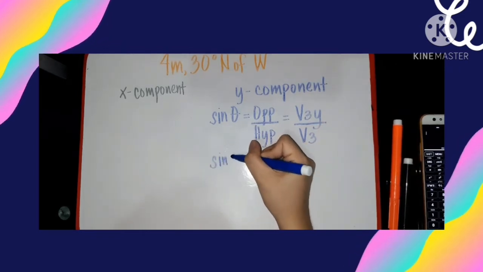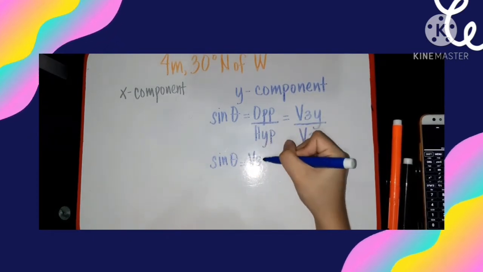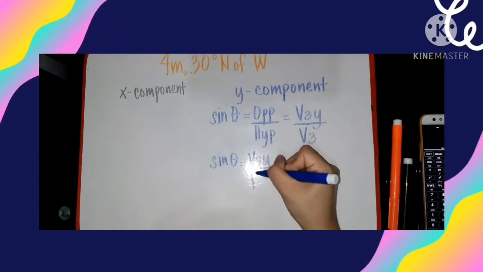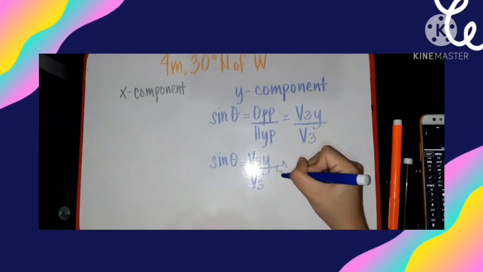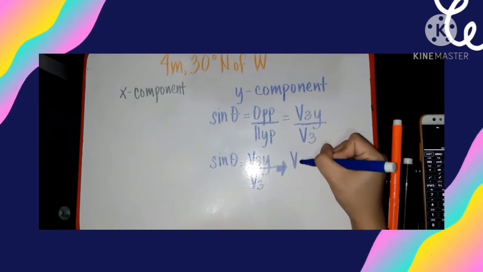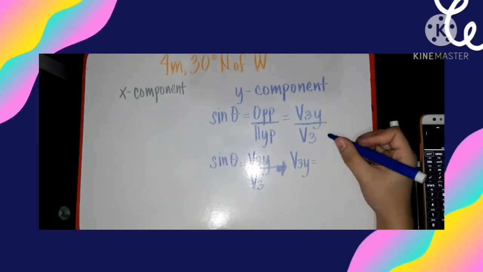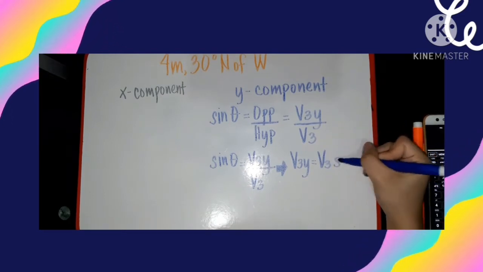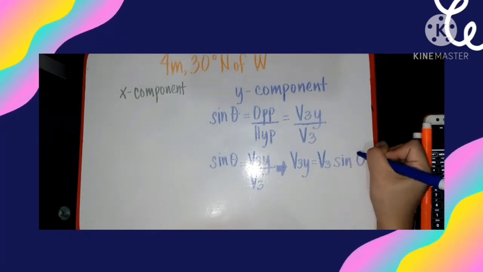Substitute the sin theta is equal to V3y over V3 and cross multiply. V3y is equal to V3 sin theta.